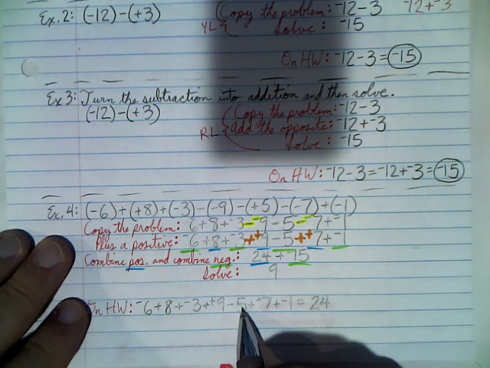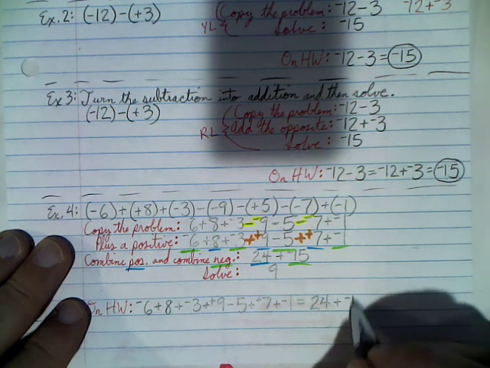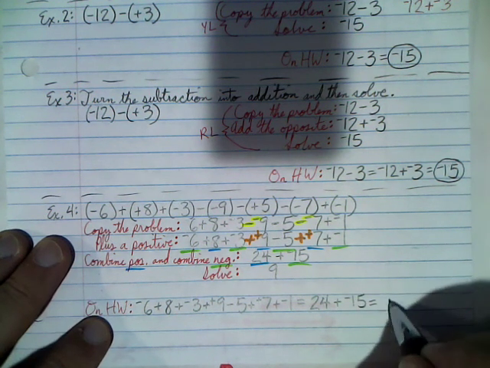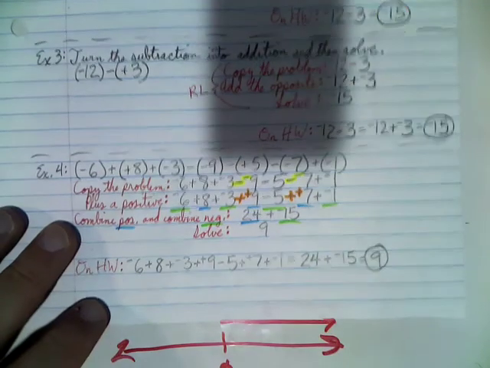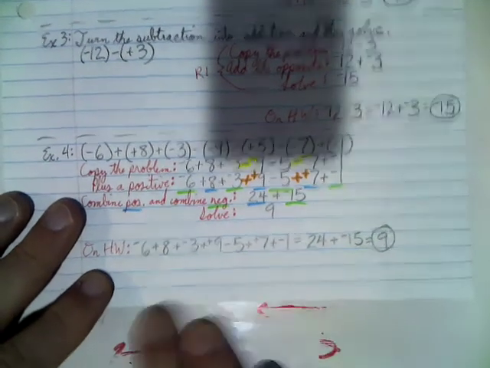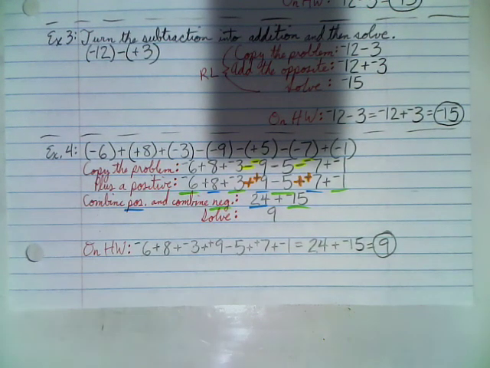Minus 5 would make a negative 14. Minus 1 would make a negative 15. And then when we add those together, we get 9. And that's how I would put that together on the homework. And that, ladies and gentlemen, is the end of our lesson.